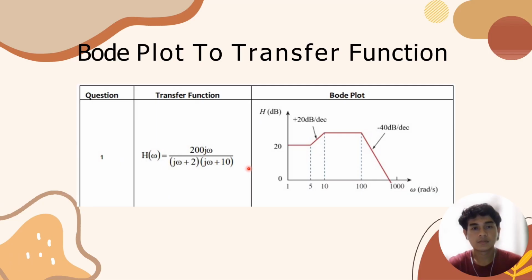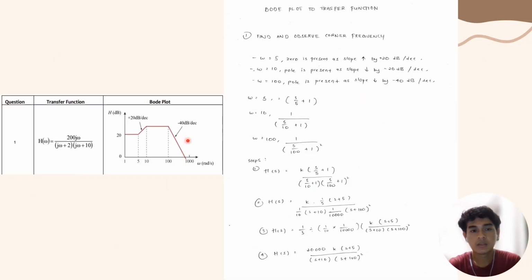Hi, my name is Muhammad Danial, and I will explain the process of going from the Bode plot to the transfer function. This is our question, which is question 1. The first step is to find and observe the corner frequencies.